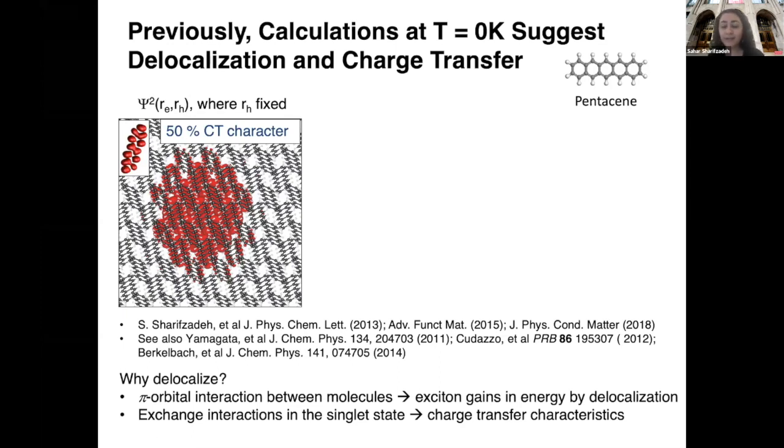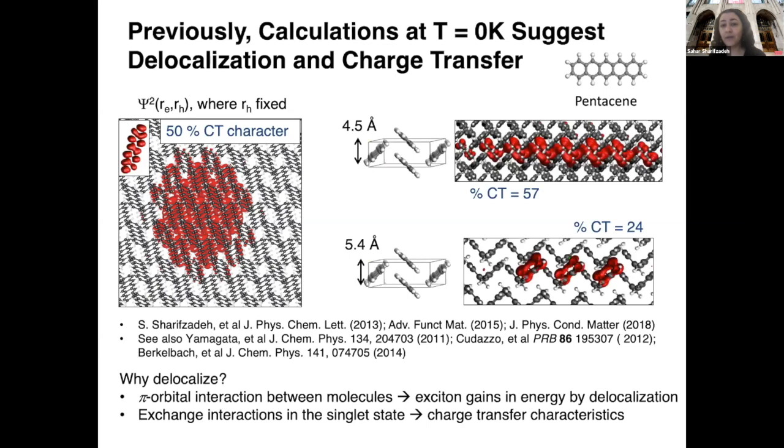We could understand this physically because we have these organic molecules packed in a solid, and the pi orbitals are interacting so that electrons are able to delocalize, and they can gain in energy by reducing their kinetic energy when they delocalize. Also, when we have a singlet excitation, there is an exchange interaction between electrons and holes, which leads to charge transfer characteristics. Given this understanding, we then looked at how we can change the intermolecular orientation and change the nature of the exciton.